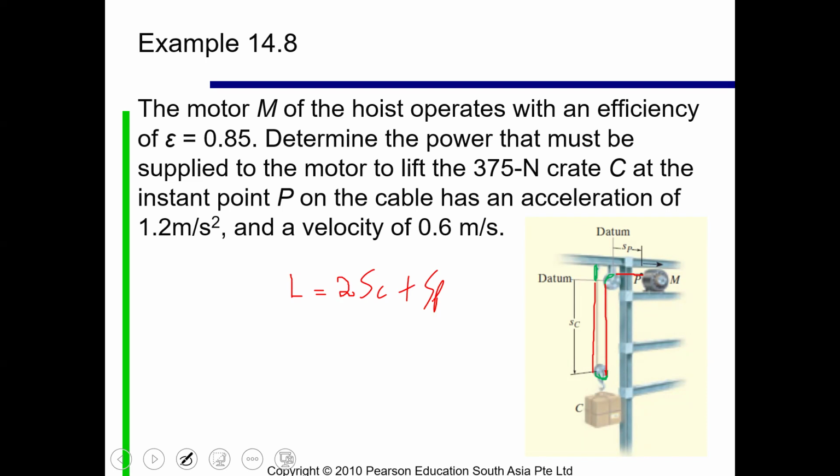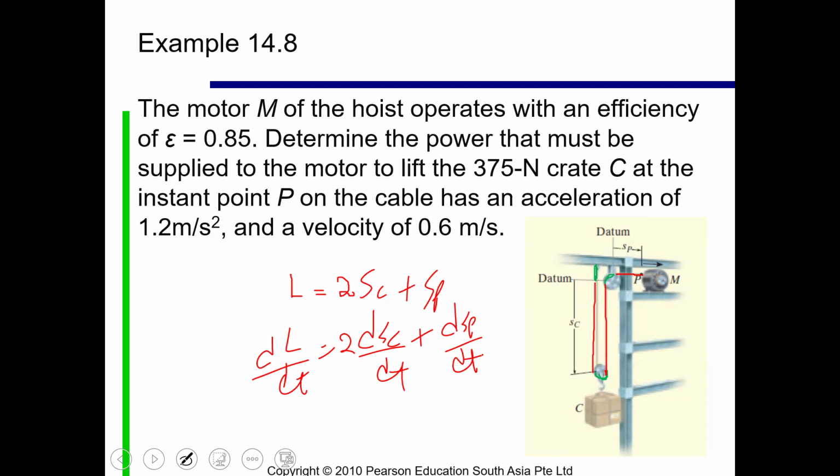So if I take the first derivative, what would happen? Now I have the equation of displacement, or more like length. So when I take the first time derivative, it would be dl over dt equals 2 times dsc over dt plus dsp over dt.